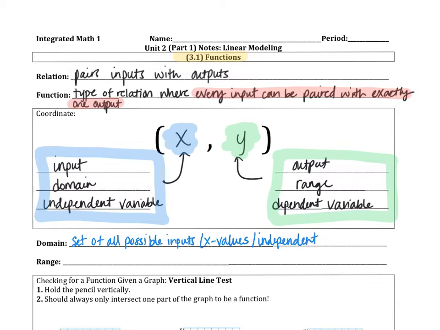I misspoke earlier. And the range, which we have kind of already seen these words above, but we're going to go into it a little bit more, is the set of all possible outputs or y values. And these are the dependent variables.